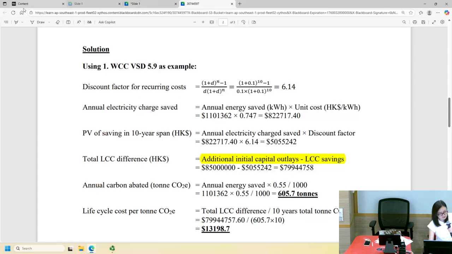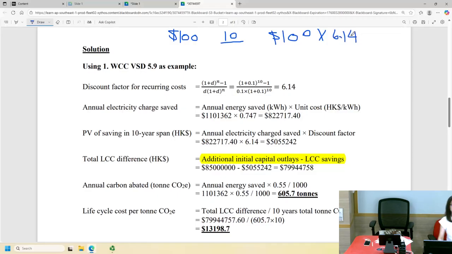And it means if every year you can save $100 for the coming 10 years, after 1 year, $100 saving, and then 2 years later, $100 saving, and 3 years later, $100 saving, and continuously for 10 years, then in total, over the 10 years, you will be able to save $100 times 6.14.